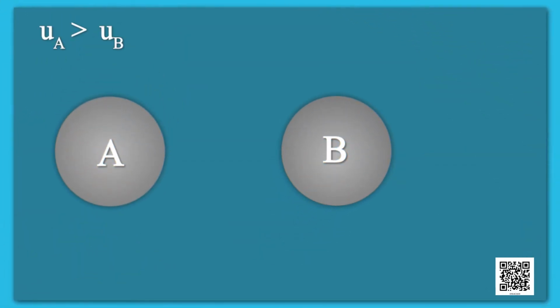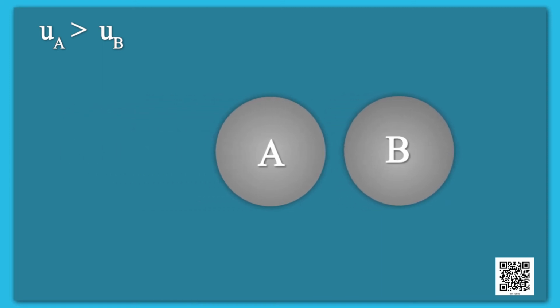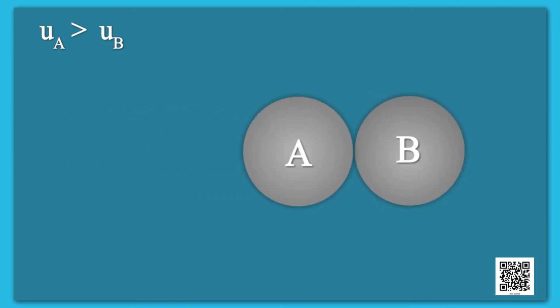Let uA be greater than uB, and the two balls collide with each other as shown. During the collision, which lasts for a time t, ball A exerts a force FAB on ball B and ball B exerts a force FBA on ball A.